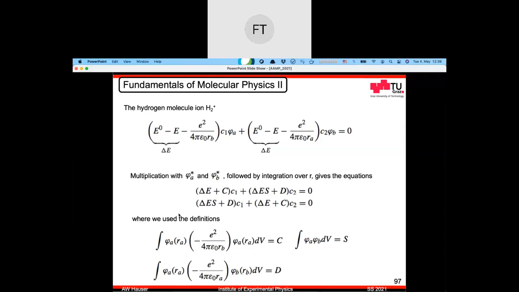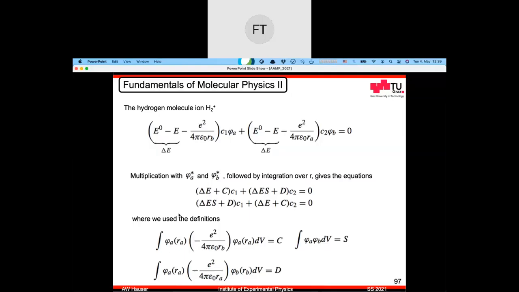And what we are doing here is to integrate the charge distribution, which stems from this electron that's orbiting around the molecule and gives us this spatial distribution over space, and the interaction with a point charge, a positive charge, the proton positioned at the position of nucleus B, for example, in this case.